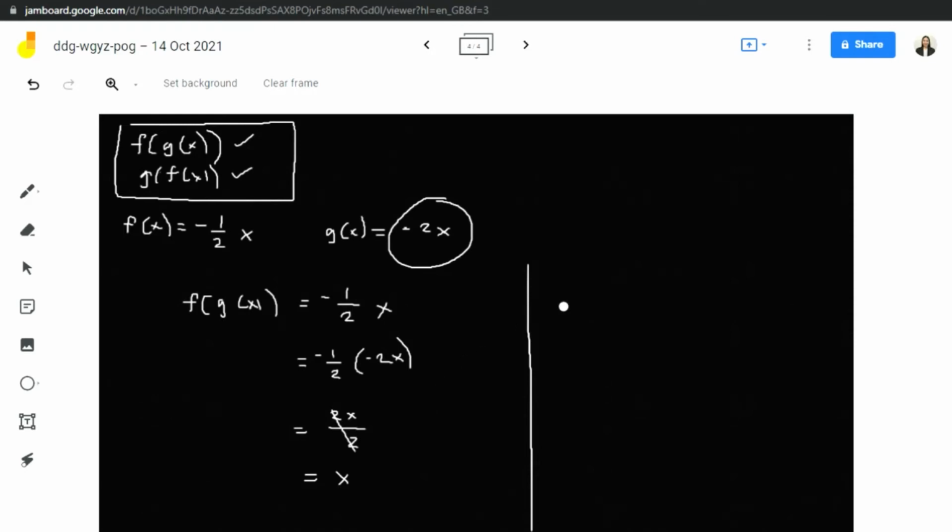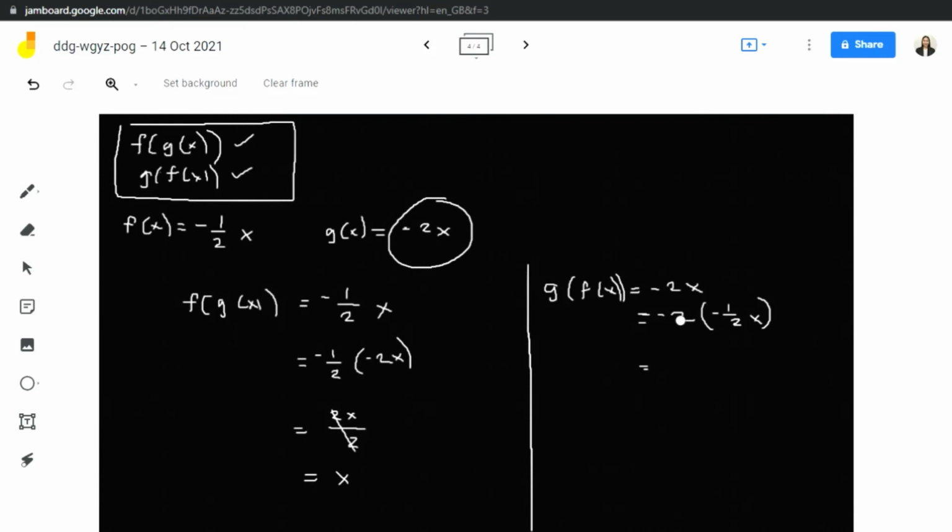Now let's go and solve for the other composition. We have g of f of x. Our g of x is given by negative 2x. Take note, in this case, f of x will be substituted to the function of g of x. So this means x here will be replaced by negative 1/2 x. We have negative 2 times negative 1/2 x.